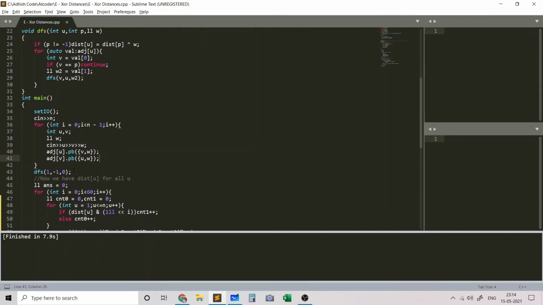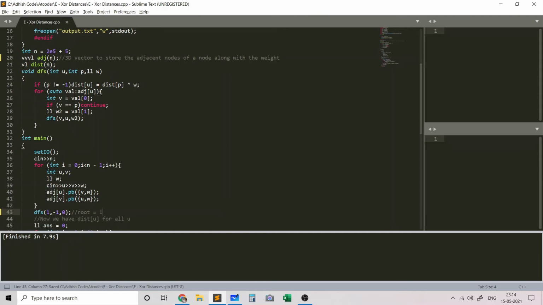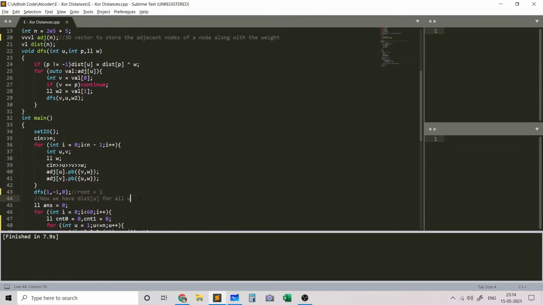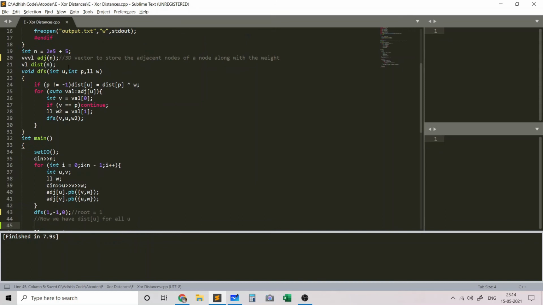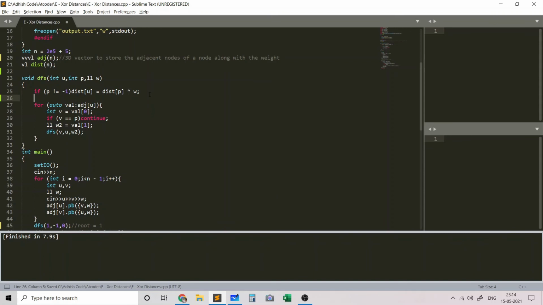Then I do a standard DFS from the root, which is 1, to compute the value of distance of u for all u. So in the computation of distance of u for all u, distance of u is the distance of the parent XOR with the weight of the edge from u to parent.